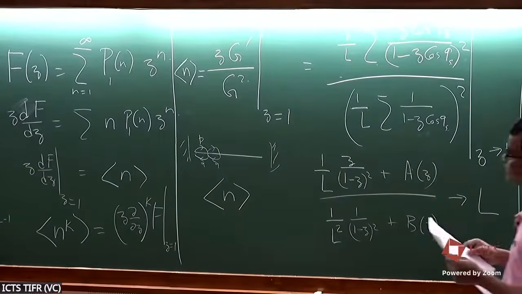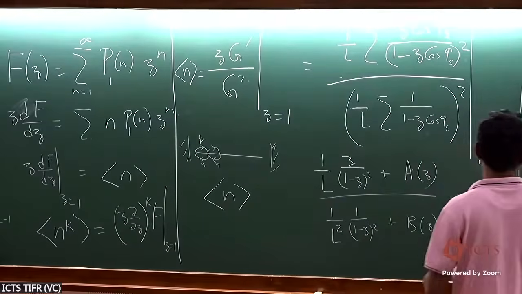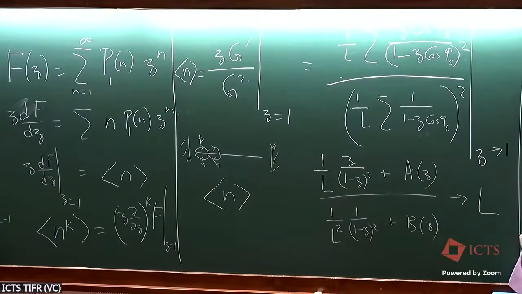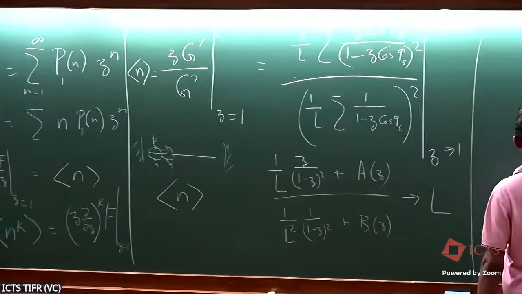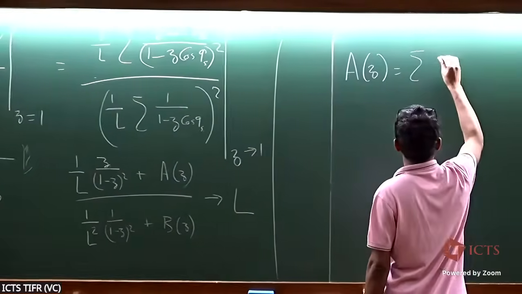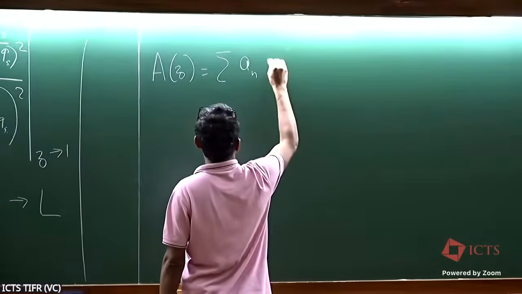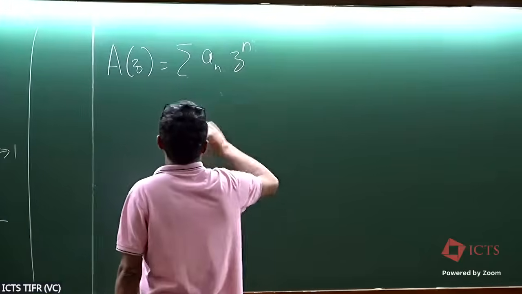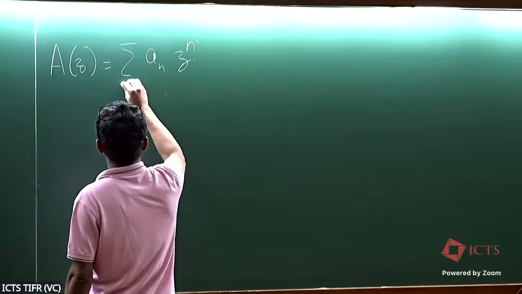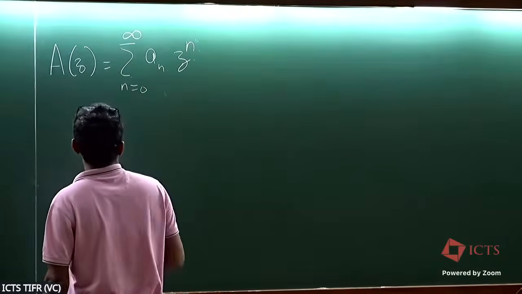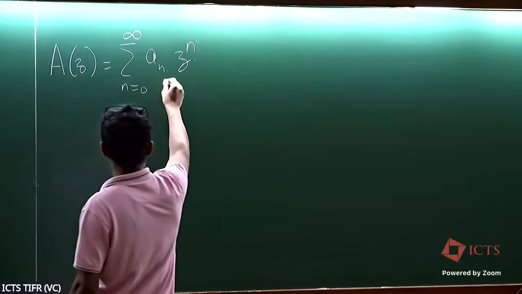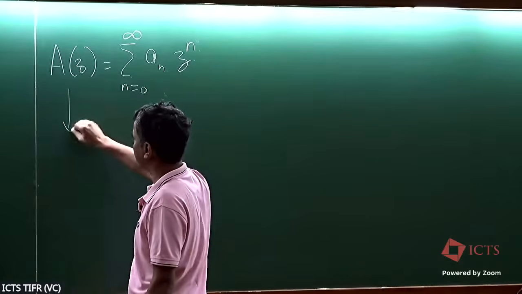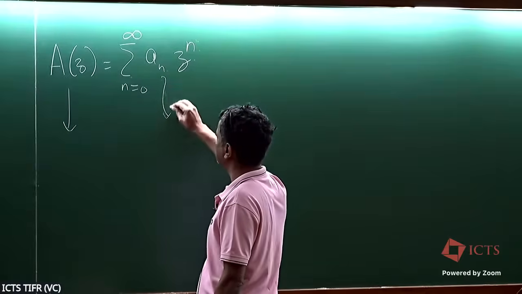Okay, so now let's continue what we were doing yesterday. Yesterday we derived this formula, where given some generating function A(z) equal to a sum, we asked how do you estimate the asymptotics. If we know this function, how do we find the asymptotic form of a_n?